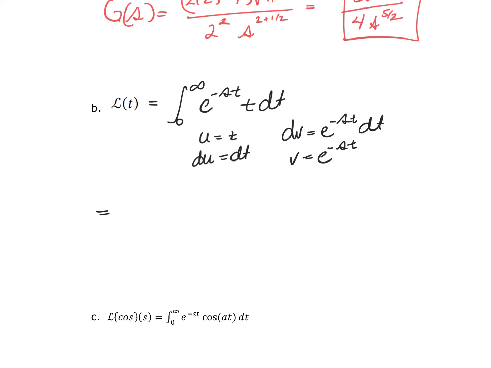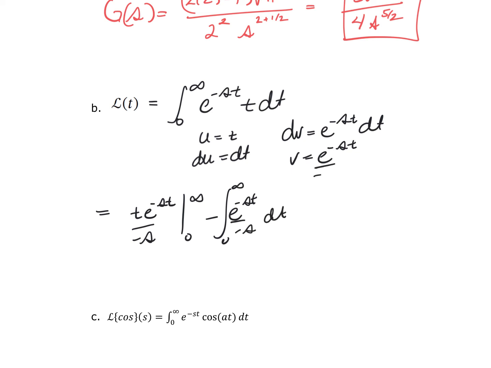So this integration becomes t e raised to the negative st divided by negative s, evaluated from 0 to infinity, minus the integration from 0 to infinity of e raised to the negative st divided by negative s dt.